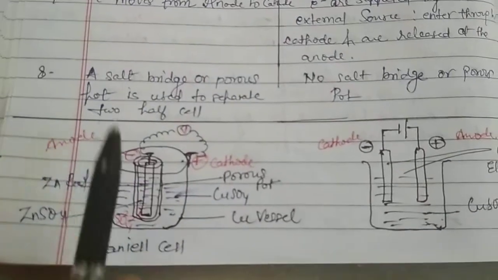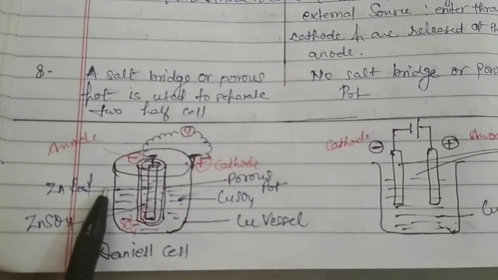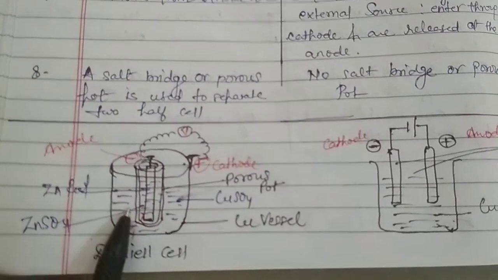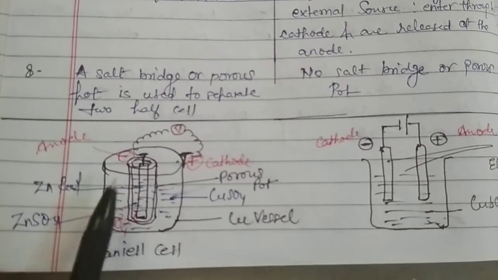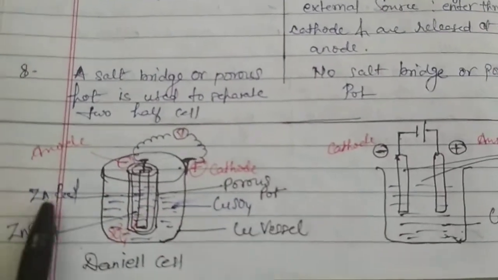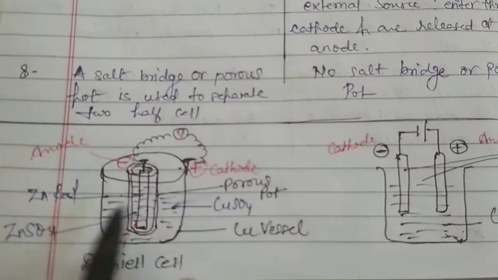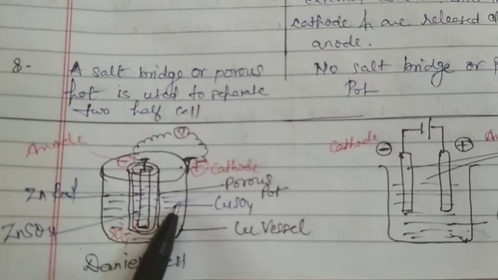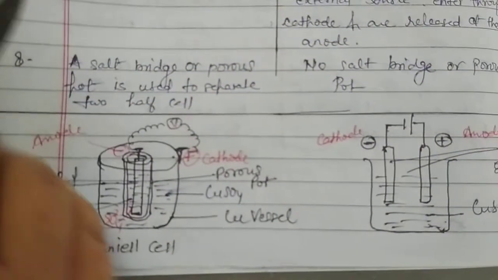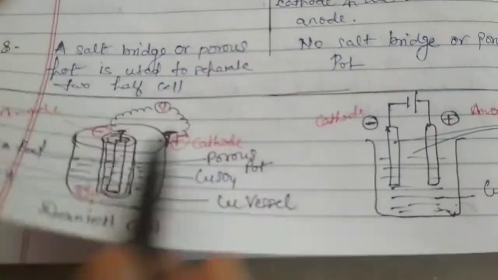As we can see with the help of these diagrams, here I have taken the modern form of the galvanic cell, that is the Daniell cell. It is also a zinc copper cell, and it is an example of a galvanic cell. We have taken a copper vessel having copper sulfate as an electrolyte that works like a cathode, as the copper rod works like a cathode in the zinc copper cell.